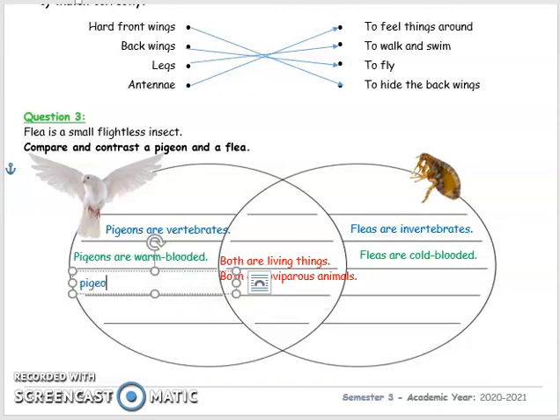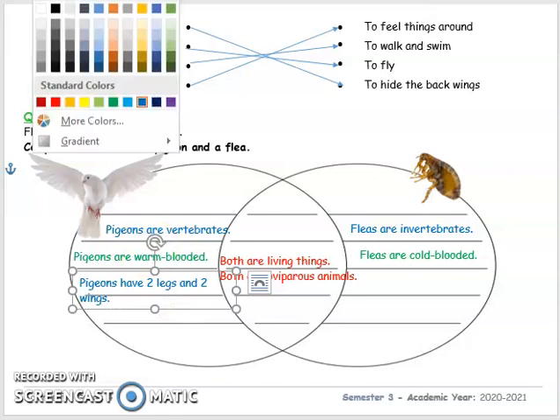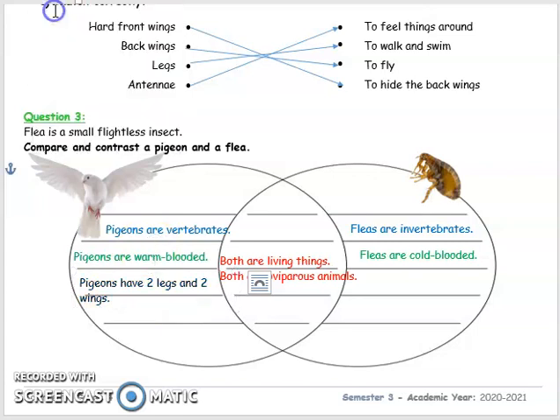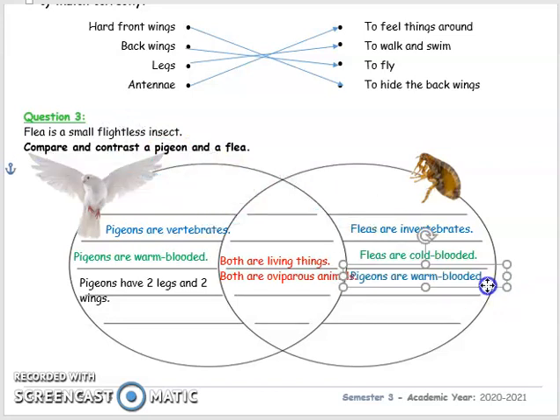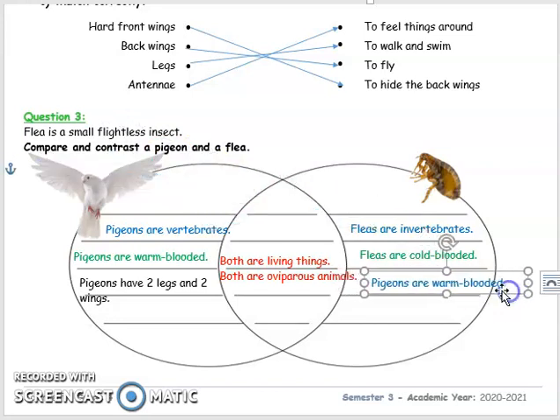Pigeons have 2 legs and 2 wings. But fleas, how many legs do fleas have? Since they are insects, they have 6 legs.